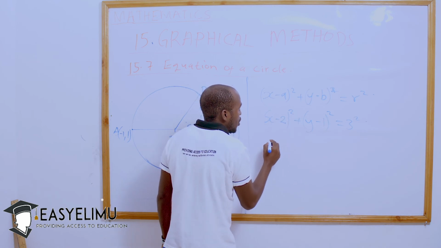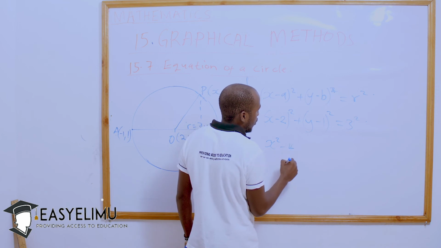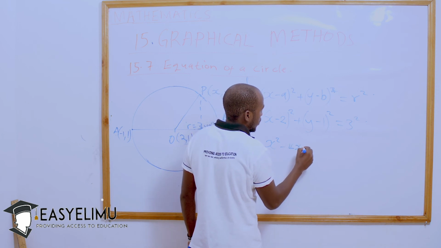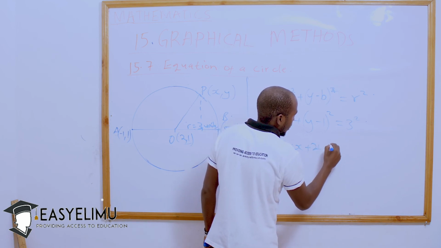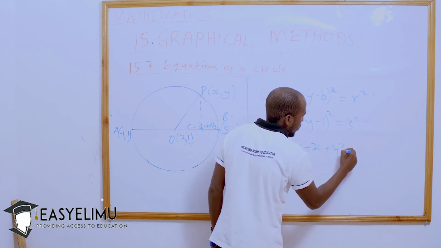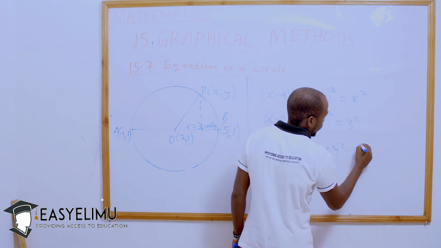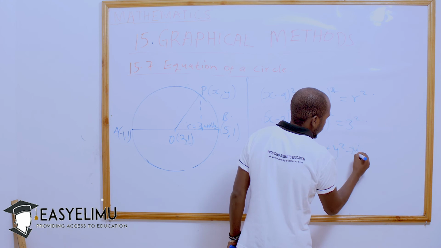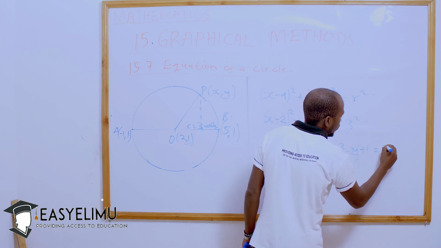So if you expand, you are going to get x squared minus 4x plus 4 plus y squared minus 2y plus 1 is equal to 9.